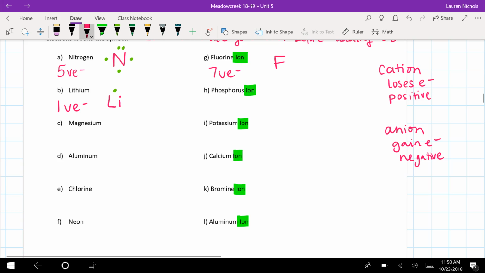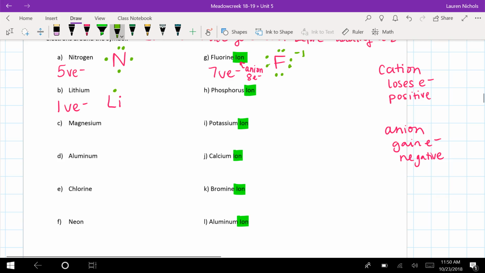Be much faster to gain 1. And so that would mean that ion, okay, it would form an anion with a total of 8 electrons. And so it would have 1, 2, 3, 4, 5, 6, 7, 8. However, we would also write a -1 charge because it has an extra electron.